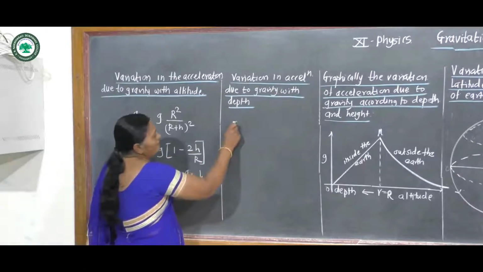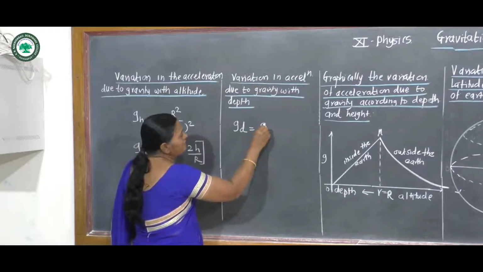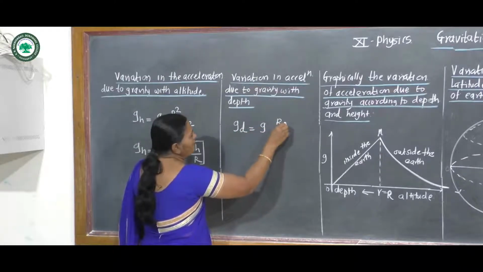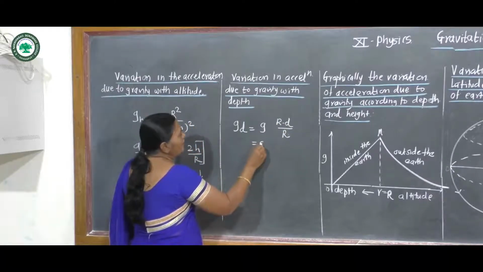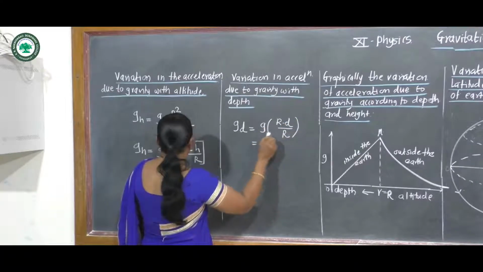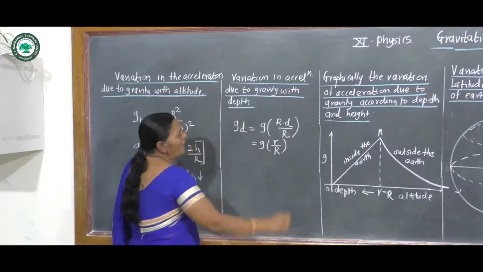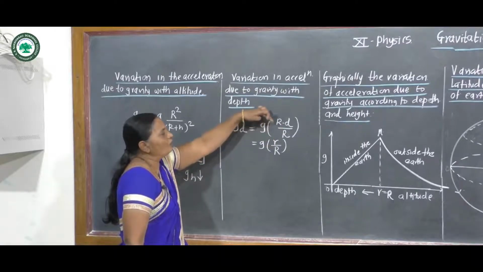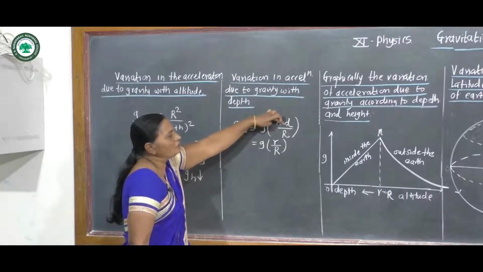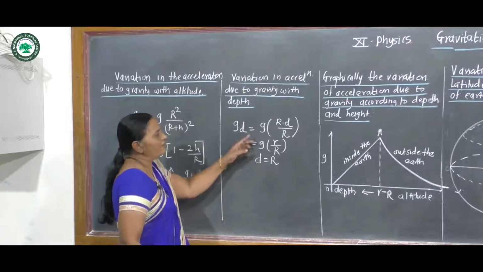We have the acceleration due to gravity with depth, g_d is equal to g into (R minus d) divided by R. Now in this case, suppose we go to the earth's center, the value of d is equal to R, and acceleration due to gravity is 0.